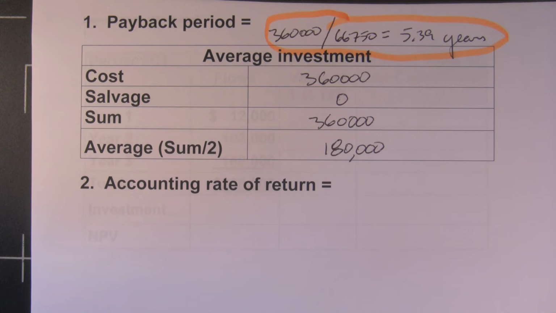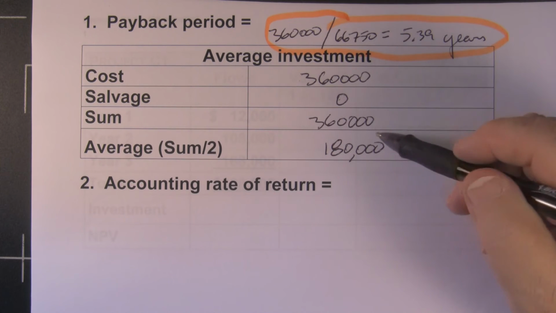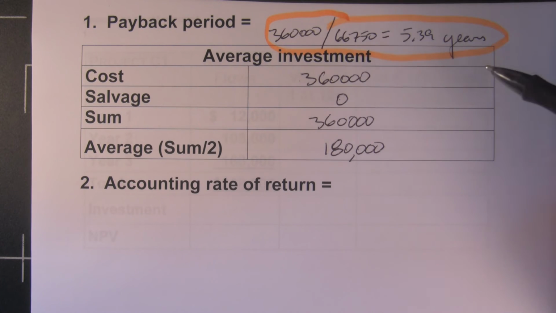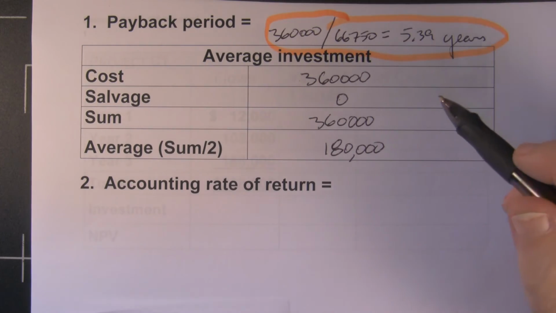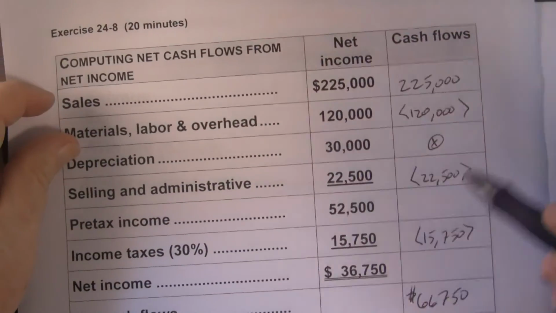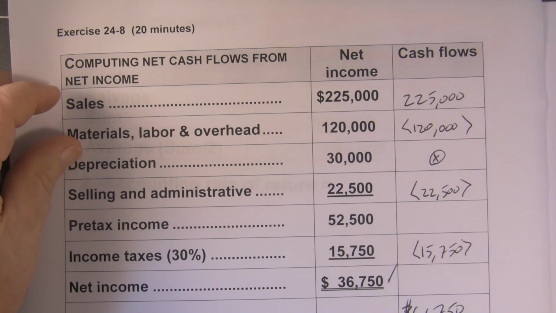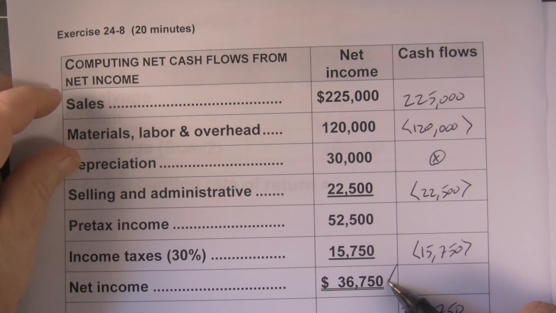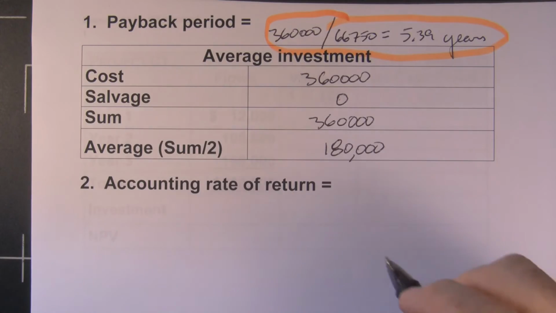Now the accounting rate of return, we take the after-tax income, the actual income that's reported, 36,750, not the cash flow income, the actual reported income, 36,750.